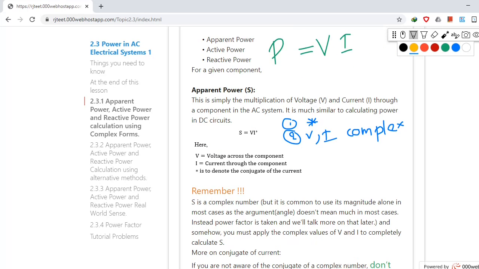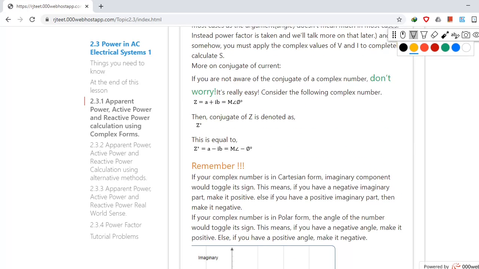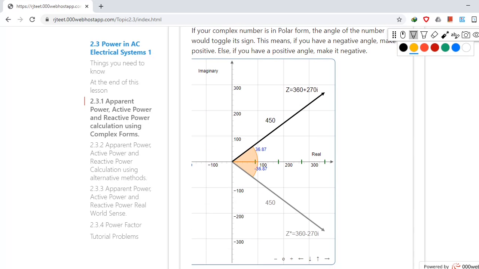Now if you have followed the complex number theory, you know what a conjugate of a complex number is, but don't worry if you don't know, it's really easy. As you are aware, in this graph I have taken an arbitrary complex number, z equals 360 plus 270i, sitting as a point on the complex plane.